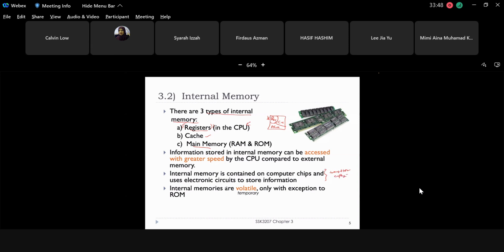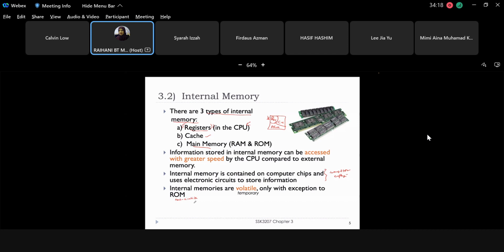Internal memories are volatile. Volatile here means temporary, with the exception of ROM. ROM here is non-volatile, or permanent. Once you save inside the ROM, it will store it permanently. But ROM is also a category of internal memory.